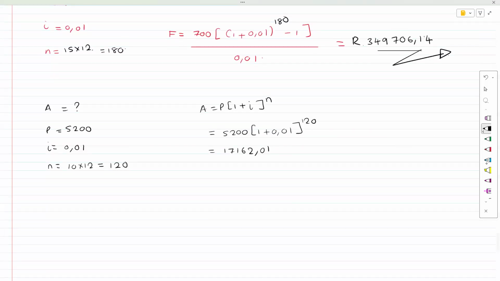Now all we have to do is literally add that and that, and we should have the answer. If I did this, I'm quite confident that we got the answer. 349,706.14 plus 17,162.01.